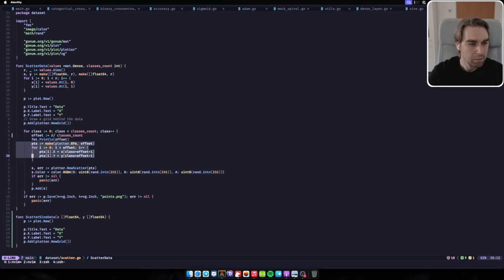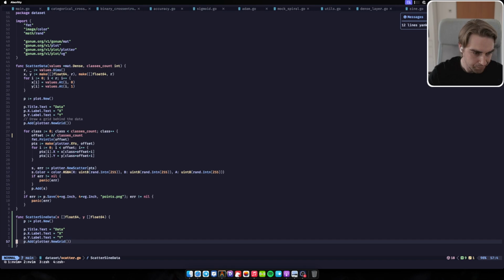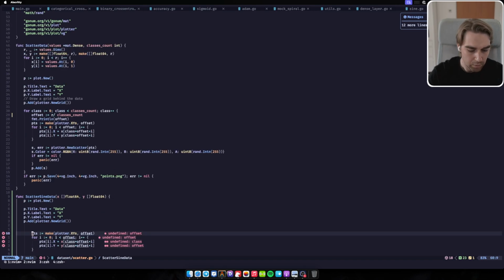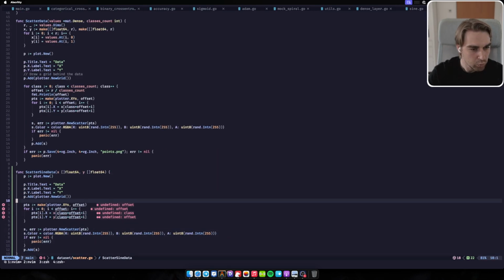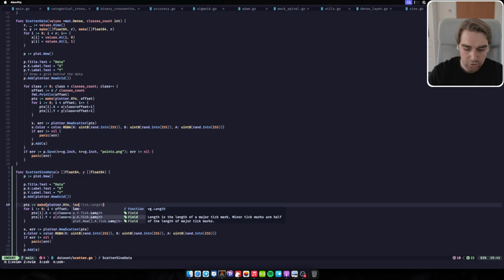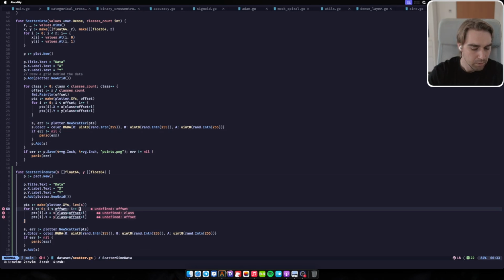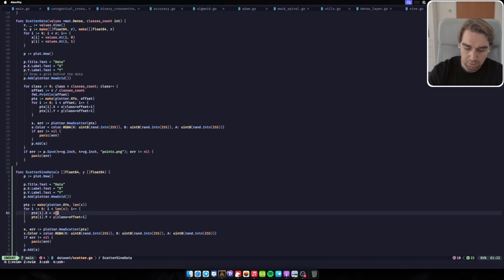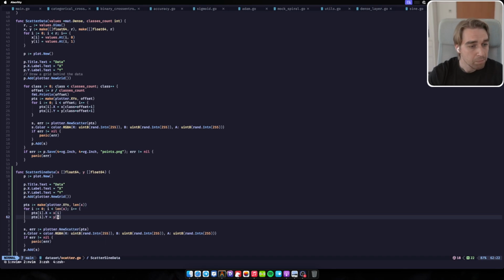Okay. Then basically it's not an offset. Well, the offset is int. In my case, it's just len of x. Then again, len of x. I, it's easy.